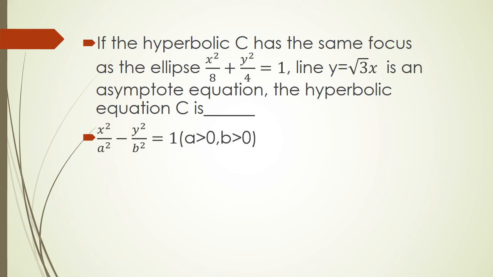From the ellipse equation, we can know that the two focal points are negative 2, 0 and 2, 0. So c equals 2 in the hyperbolic C.